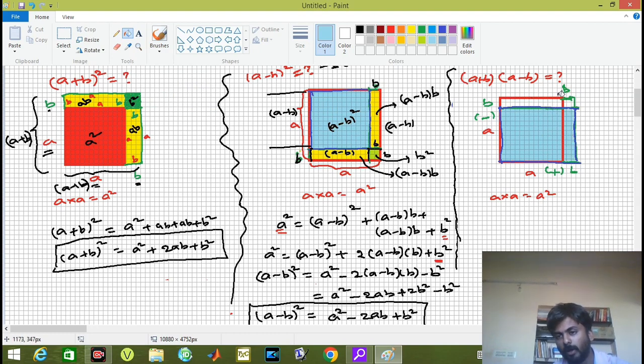I only want this shaded side, I don't want the unshaded region. Now what is this side?